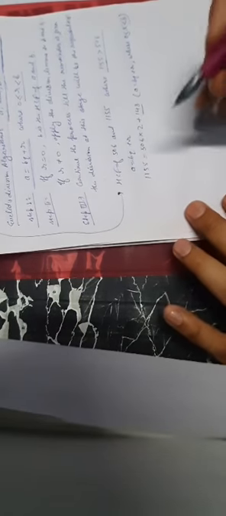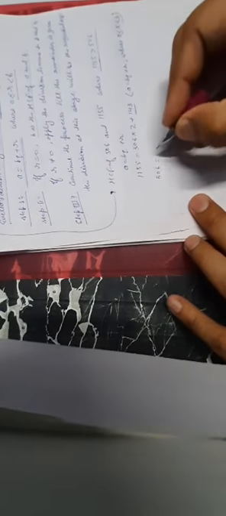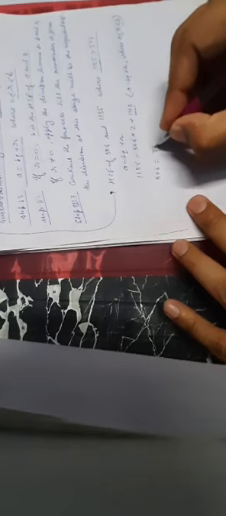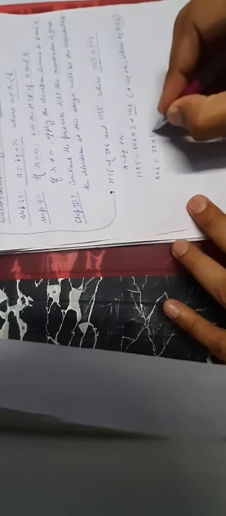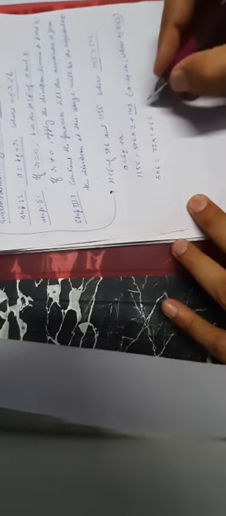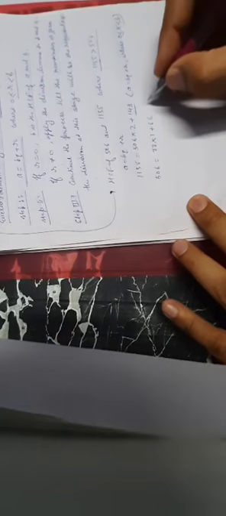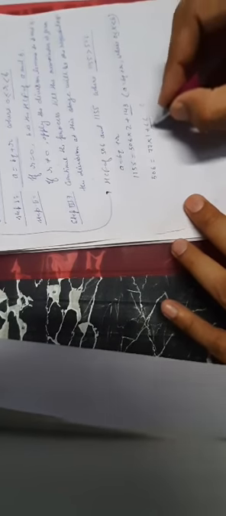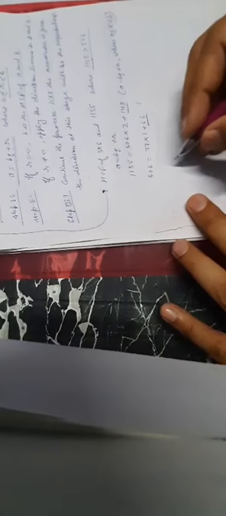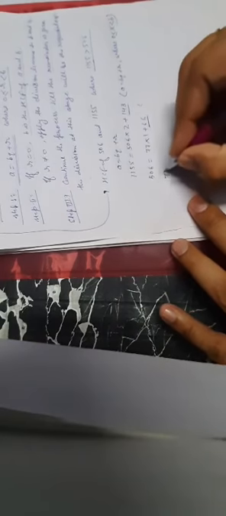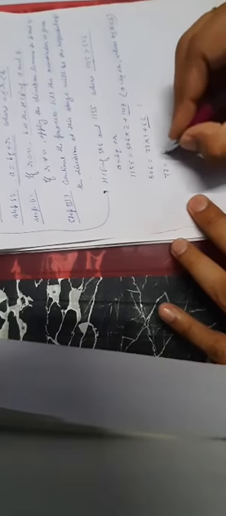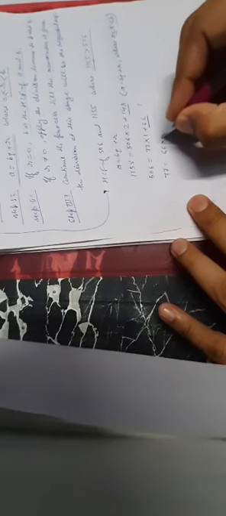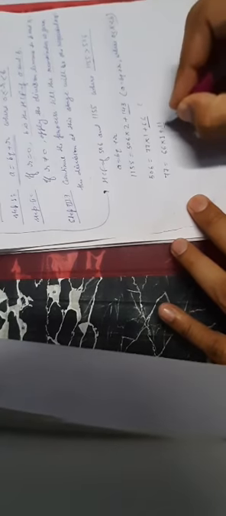Then we continue this process. In the next step, we take 506 is equal to 77 multiply 1 plus 66. Similarly, r is not equal to 0. Then again use the next step. 77 is equal to 66 multiply 1 plus 11. Here r is also not equal to 0.